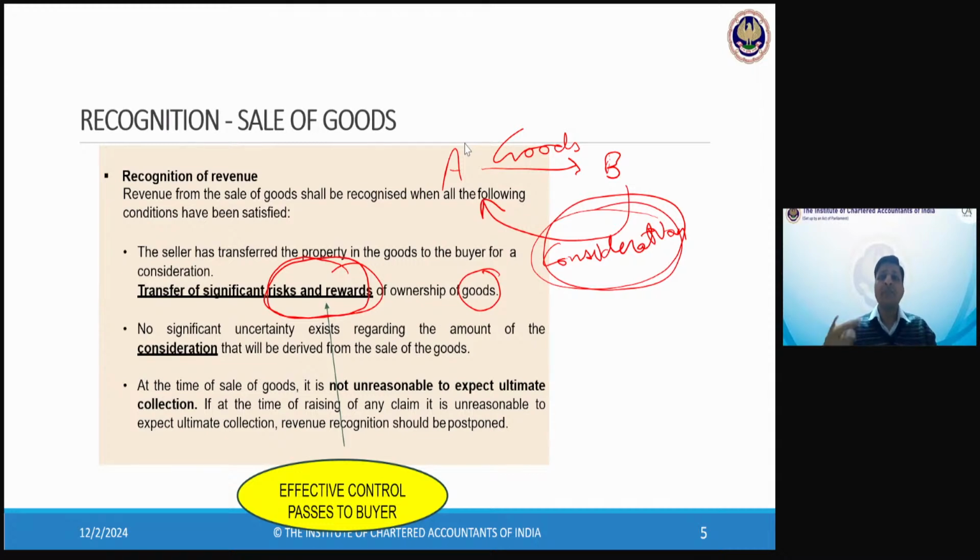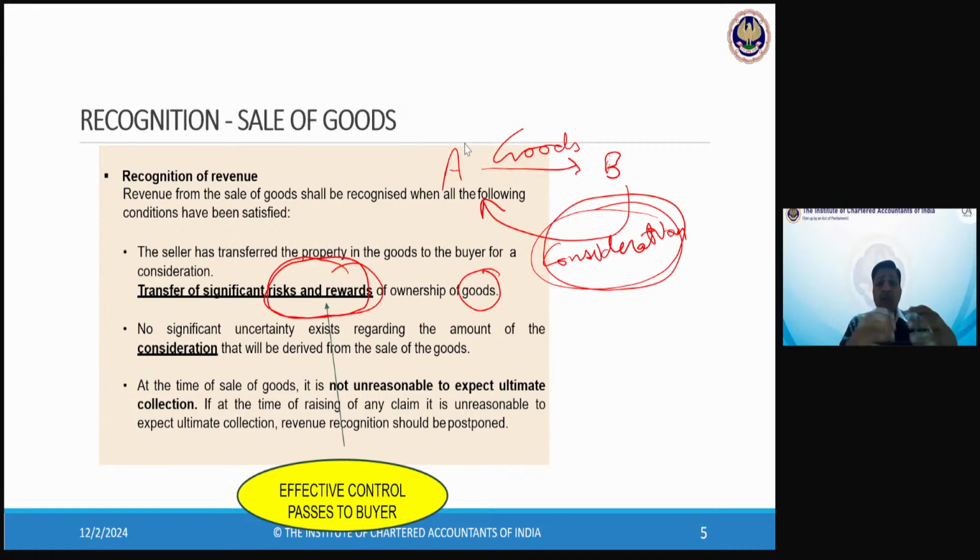You will not do that immediately when you are entering into or executing a sales transaction. Why? For that purpose, you need to have a debtor. But we are talking about a situation wherein the debtor doesn't exist. So the question is whether you want to recognize the debtor to that extent by booking the sales, by recognizing the sales or not.